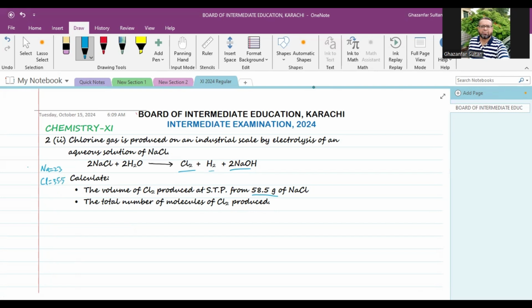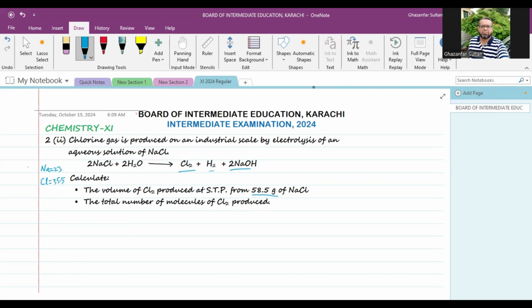Atomic masses are given there. So you need here the molecular mass of chlorine and the number of moles of sodium chloride. So always the first step in such solutions is to calculate the molar masses and the number of moles of the given reactants.